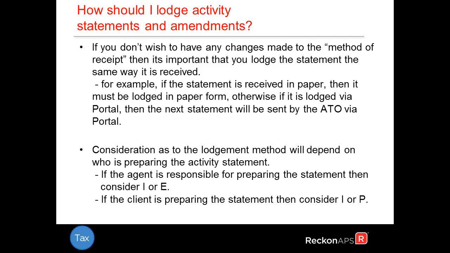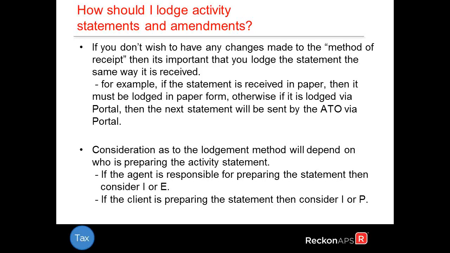Consideration as to the lodgement method will depend on who is preparing the activity statement. If the agent is responsible for preparing the activity statement, then consider I or E. Okay? If the client is preparing the statement, then consider I or P. Okay? So there may be the instance where if the agent is preparing the statement, you would most likely find it beneficial to receive that activity statement in an electronic form.